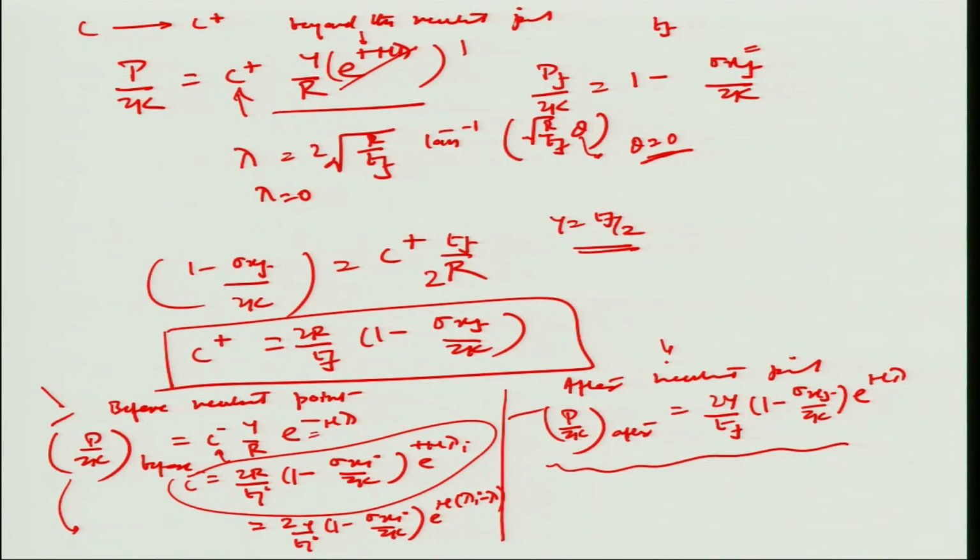Obviously, physically what it would mean is that there is a pressure continuity in the way that the element is going towards the neutral point and beyond the neutral point. And so at that particular point where theta equals theta n, the neutral point, the pressure before and after should exactly be the same. Otherwise there is a pressure step, and that's not what really happens in the actual situation.